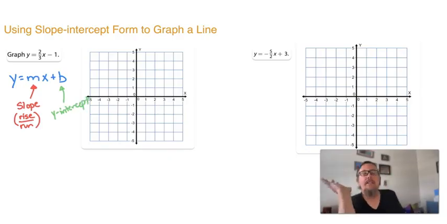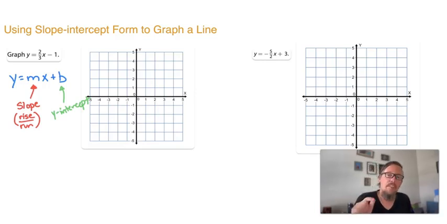So whenever you are graphing something in slope-intercept form, and the reason it's called slope-intercept form is because mathematicians are so creative at naming things that we took an equation that gave us the slope and the y-intercept and called it slope-intercept form. The y-intercept is your first point. You start off by putting a point where the y-intercept is on the y-axis, and then you use the slope to find your second point.